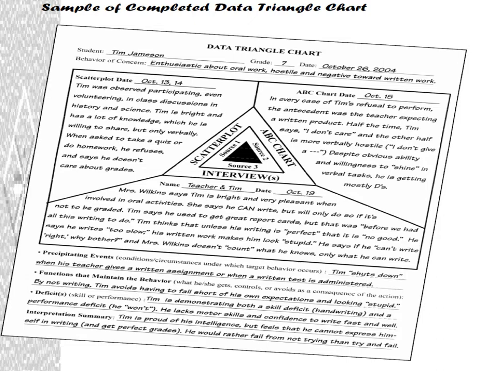So this is just another example of how you could collect data and then triangulate it. You take the data from your scatter plot and you summarize it. You take your data from the ABC chart, you summarize it, and then you take the data from the various interviews that you have collected and summarize it, and then try to figure out if you can see any common trends or patterns.